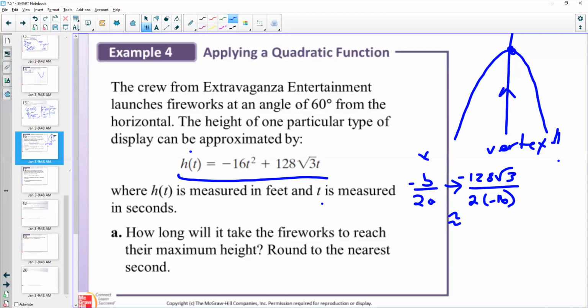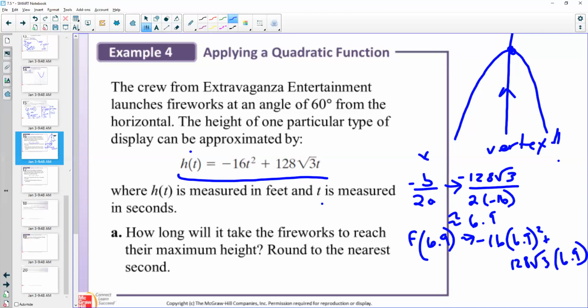This comes out to be approximately 6.9. Then it's f of 6.9, so negative 16 times 6.9 squared plus 128 square root of 3 times 6.9. Again, you have a calculator, you can figure this out. It's approximately 768. So my vertex is at 6.9, 768.